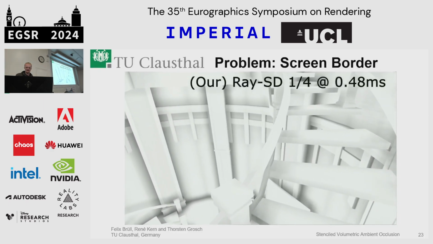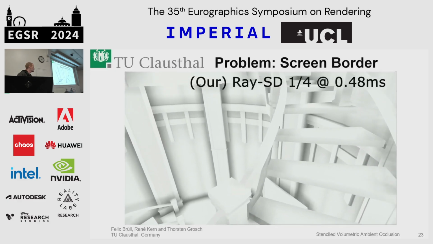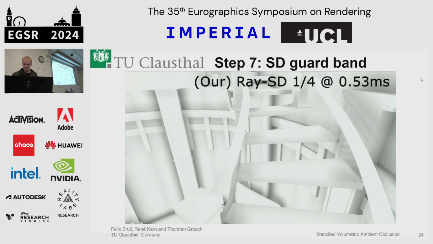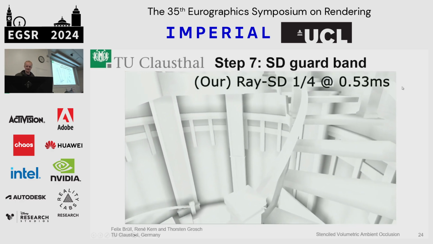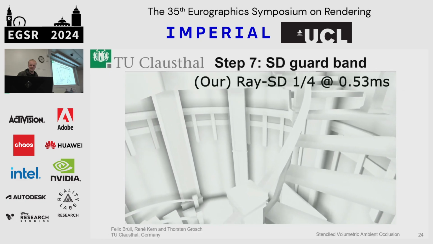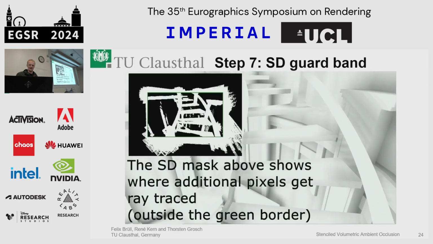As you could see, it just disappears, and I think it's quite noticeable. So what we came up with is that we could just increase the size of our stochastic depth map by a certain portion.